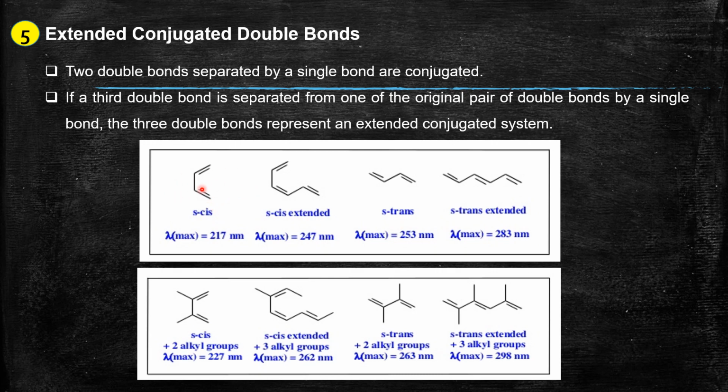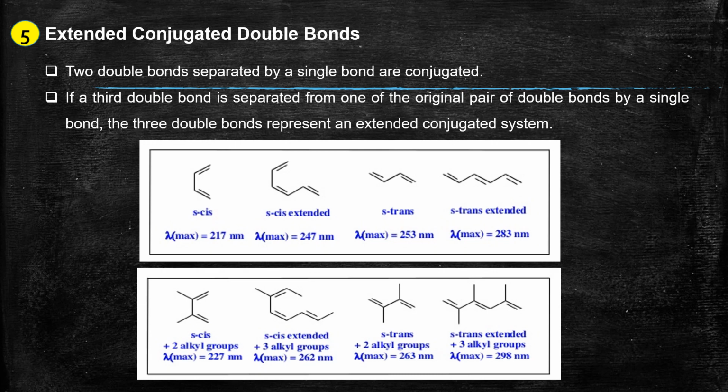See here the first point: two double bonds separated by a single bond are conjugated. If a third double bond is separated from one of the original pair of double bonds by a single bond, the third one we call the extended conjugated system.